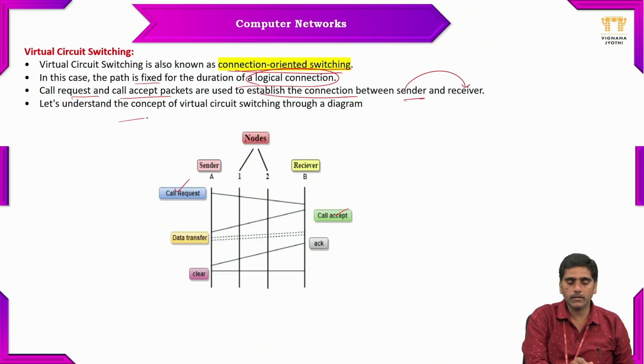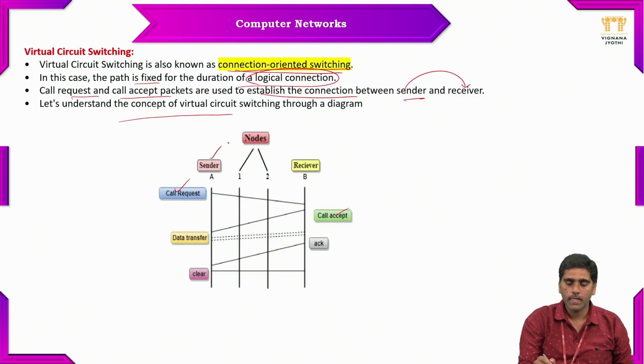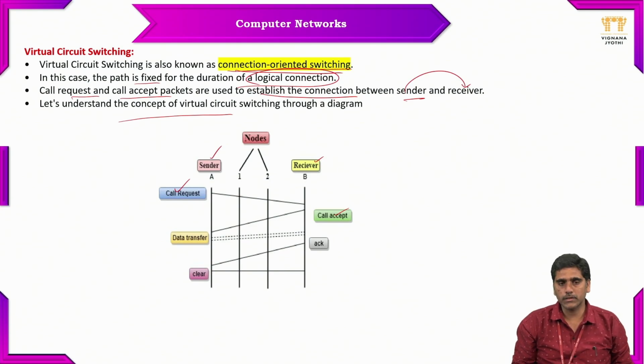Let's understand the concept of virtual circuit switching through a diagram. Whenever the sender wants to connect with the receiver, first the sender sends a call request message to the receiver. The receiver receives this message and the call is accepted.